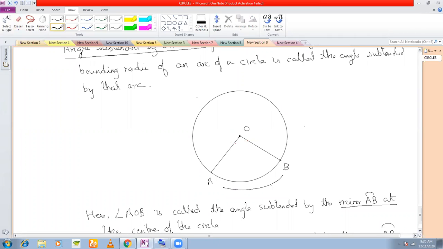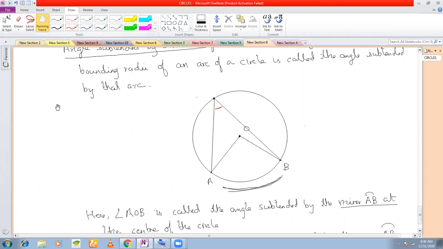This time, instead of taking a point at the center, if I take a point anywhere on the circumference, not on this arc but on the major arc, and I join this, then this angle here is called the angle subtended by the arc AB on the remaining part of the circle.